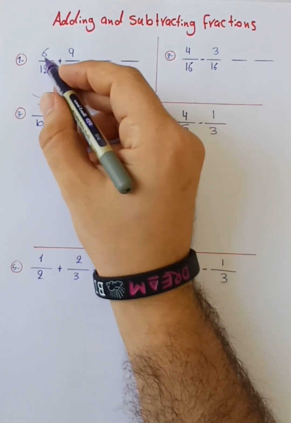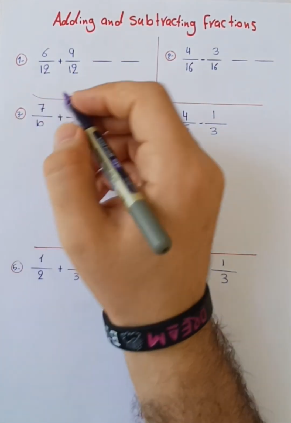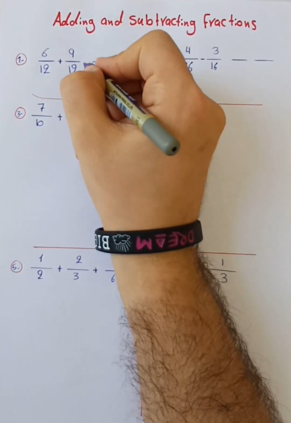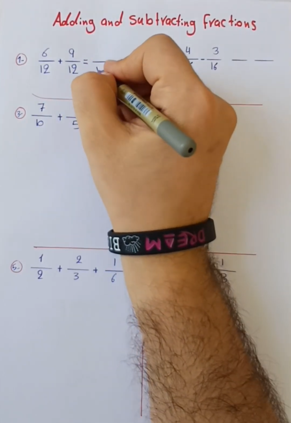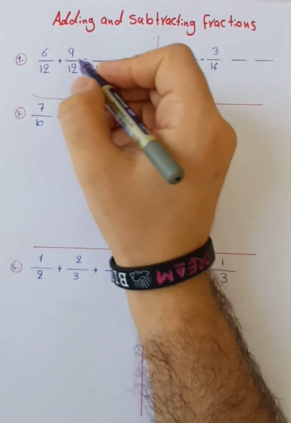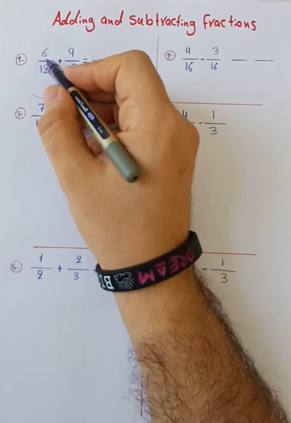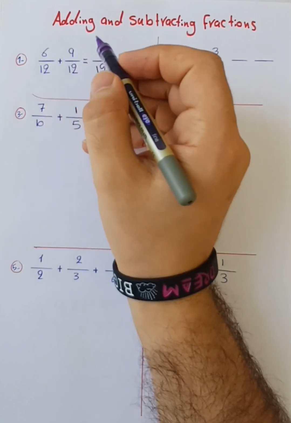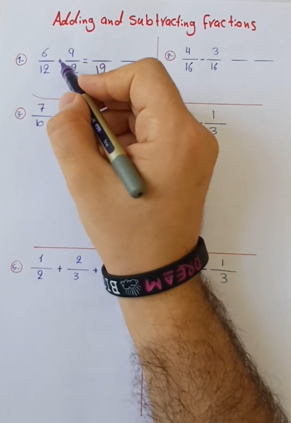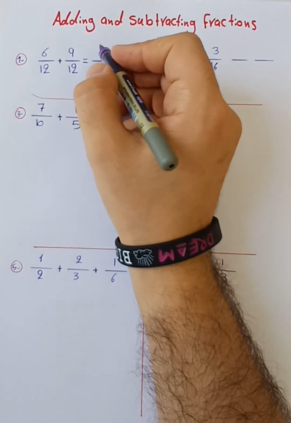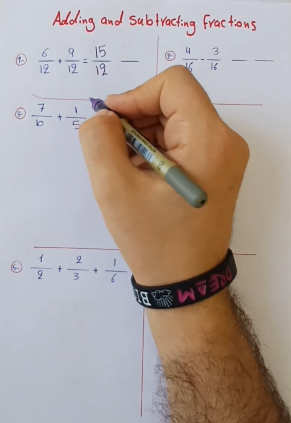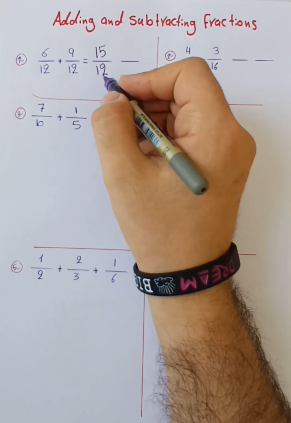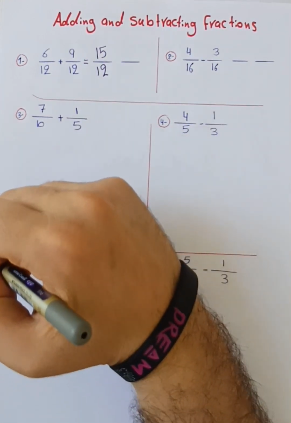It means these two fractions are like fractions, and when we add like fractions we have to write the denominator without change, and then we have to add only the numerators. 6 plus 9 equals 15, so the answer is 15 out of 12.